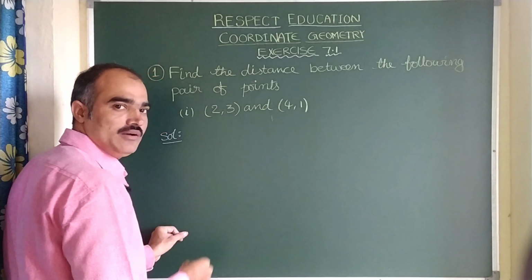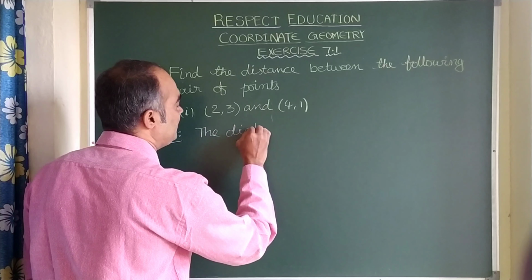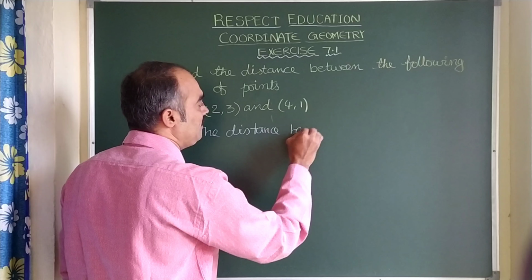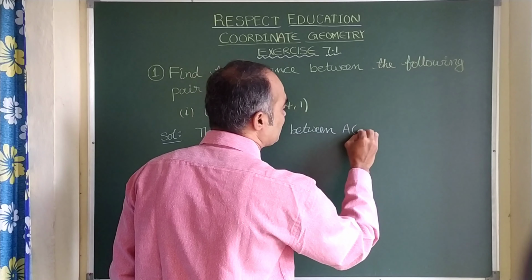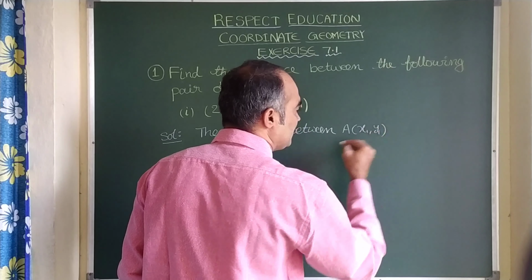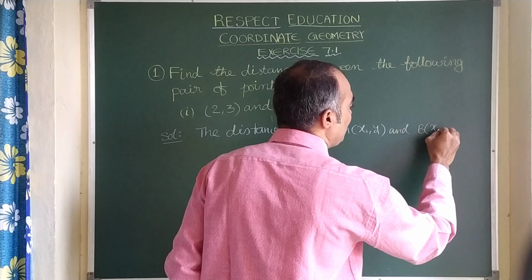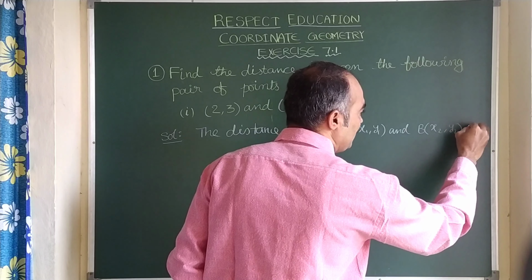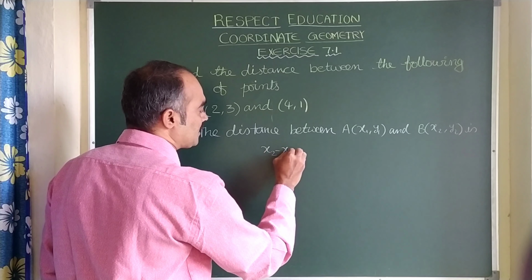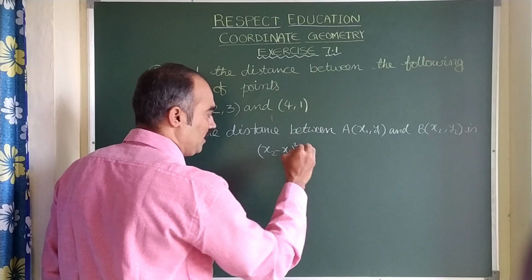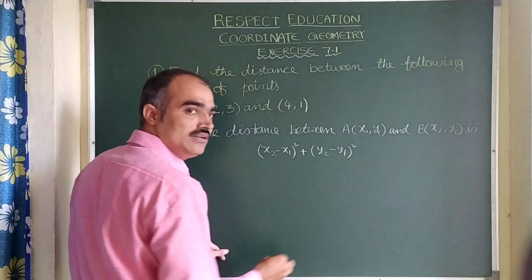First we write the formula, right? The distance between A (x1, y1), this is the first point, and B (x2, y2), this is the second point, is the square root of (x2 minus x1) whole square plus (y2 minus y1) whole square.